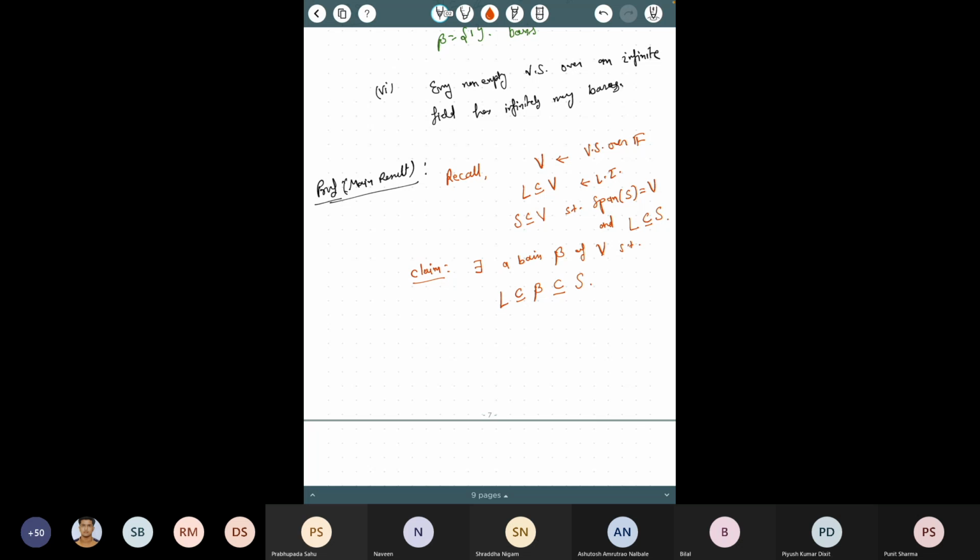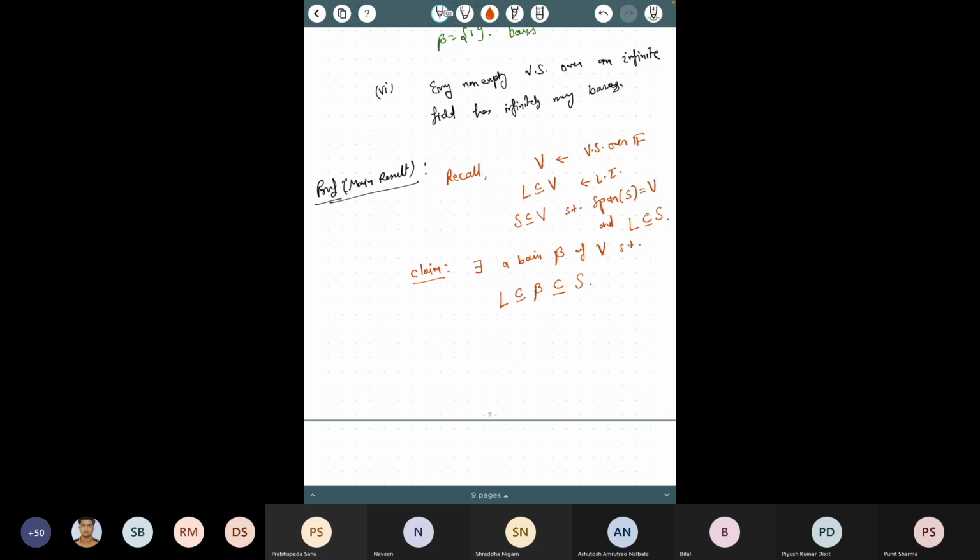Yes. So if we have a non-empty poset, that means partially ordered set, and if every totally ordered set has an upper bound in the poset, then the poset has a maximal element.